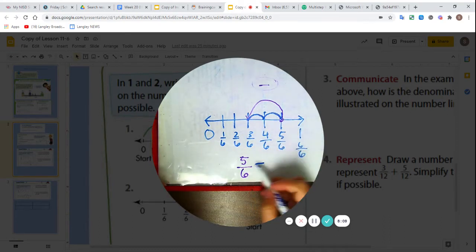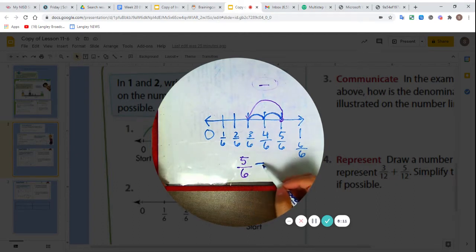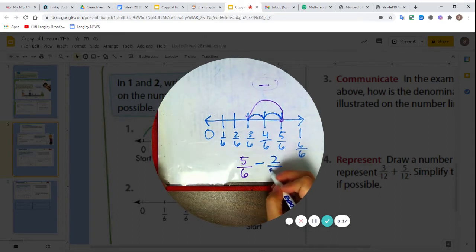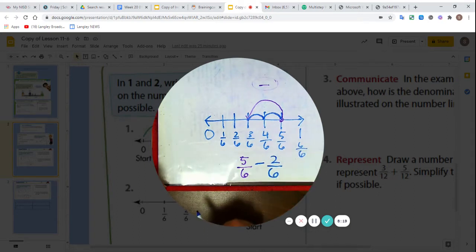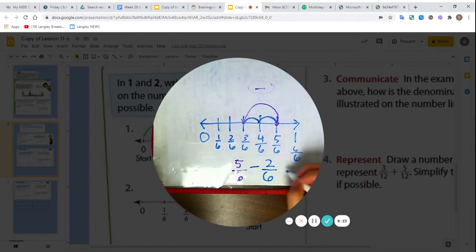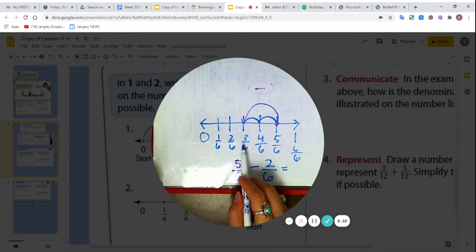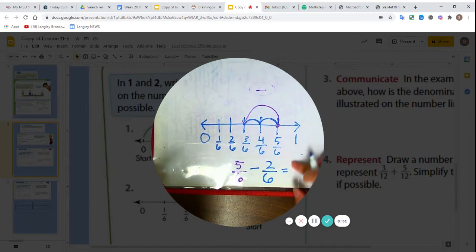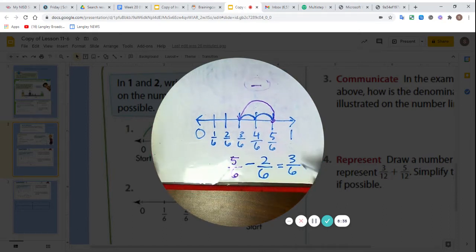So our equation is going to look like this: 5/6 minus, how many spaces did they move backwards? 2, and then we know our denominator is 6, so that's what it's going to stay. Okay, so 5/6 minus 2/6 equals, it should equal 3/6, where they ended. So 5 minus 2, that gives me 3/6.